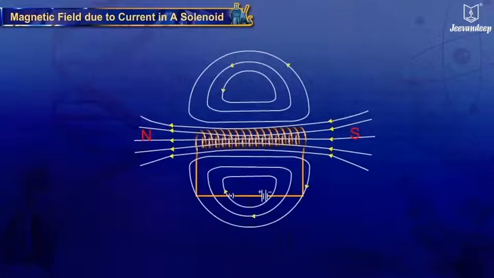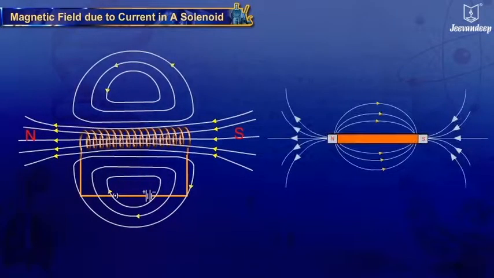The field produced by it possesses all the properties of the field produced by a bar magnet. The magnetic lines of force due to current-carrying solenoid are similar to those of a bar magnet.